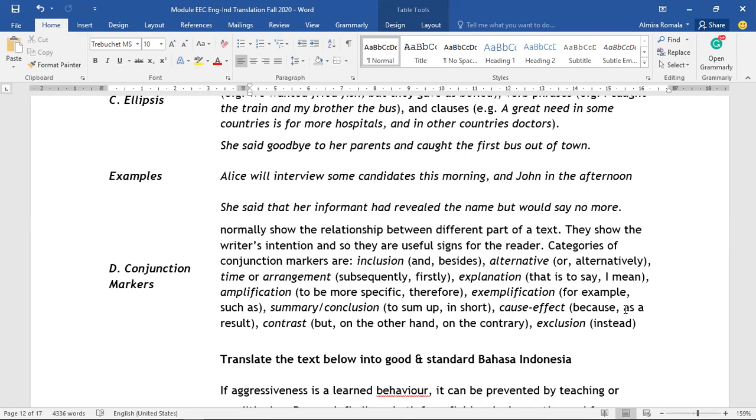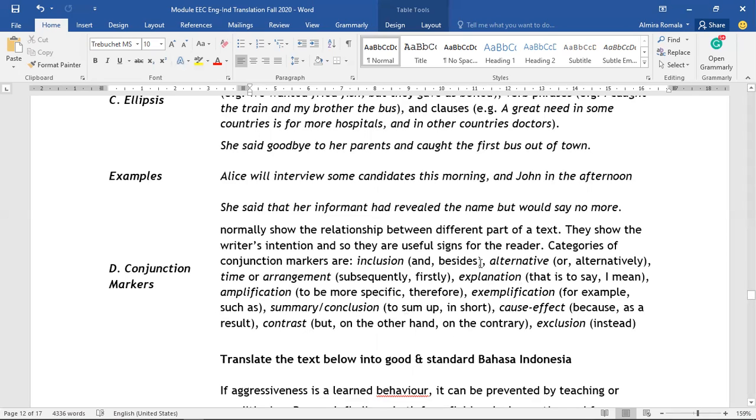And then there's also contrast, like the words but, on the other hand, on the contrary, in contrast. And then the last one can be in the form of exclusion, to exclude, by the words instead or exception.